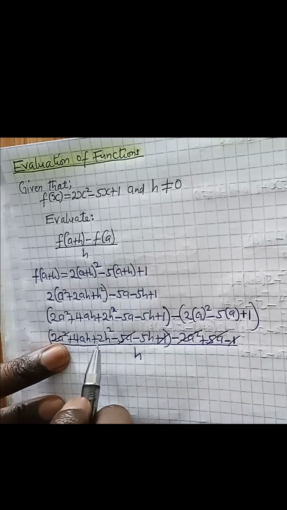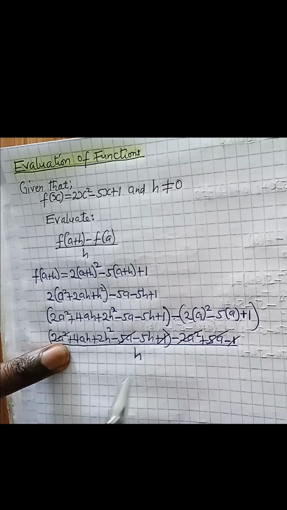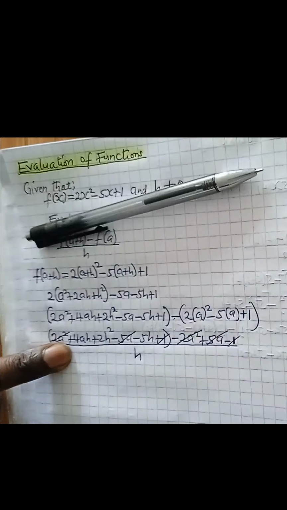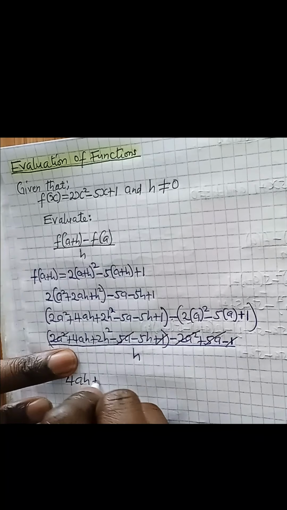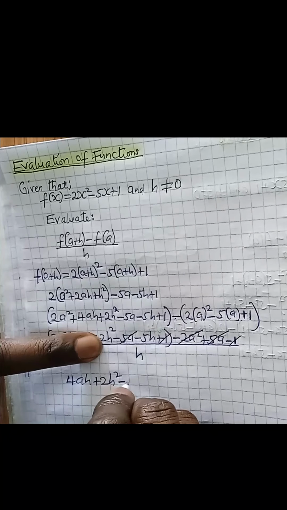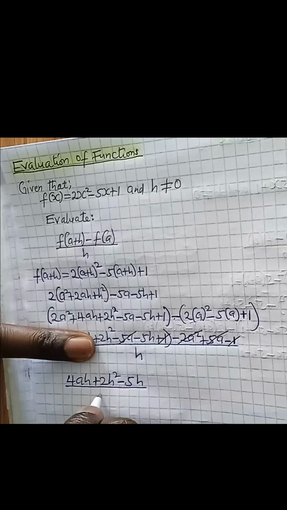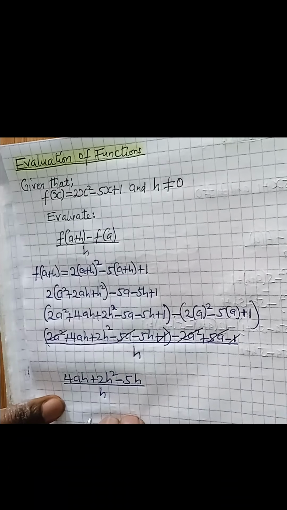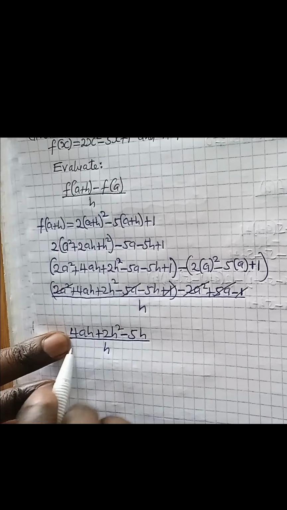We are left with what? I think there's nothing else that can cancel here. So now what we are left with is 4ah plus 2h squared minus 5h. Now all of these we divide by h. What happens here, we come and simplify this particular sum here by factoring out the h on the numerator.